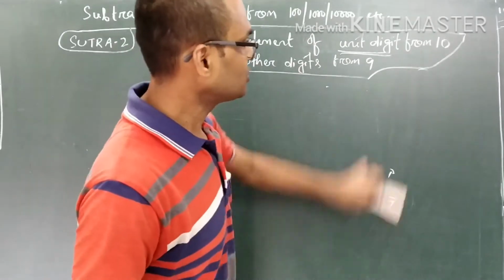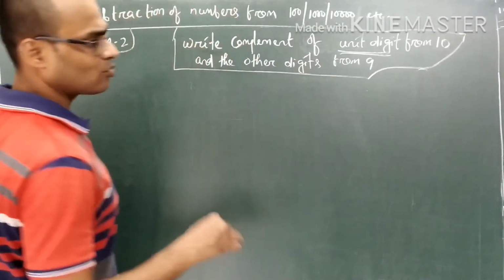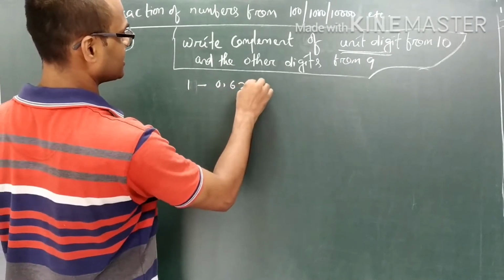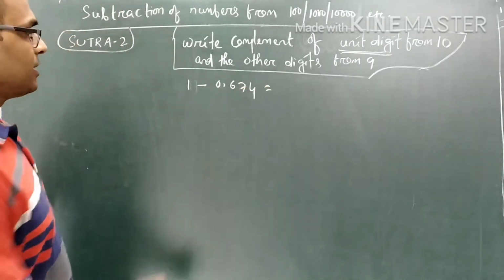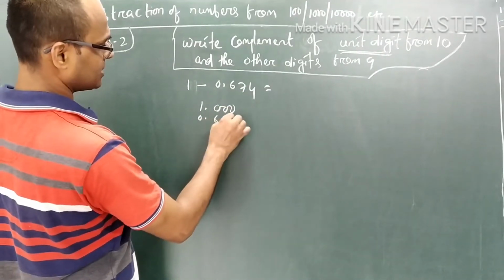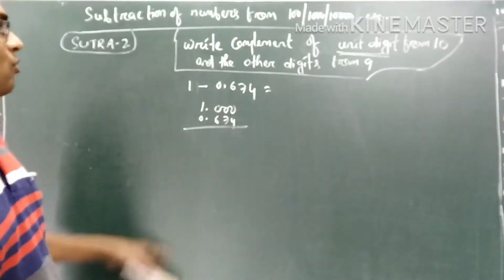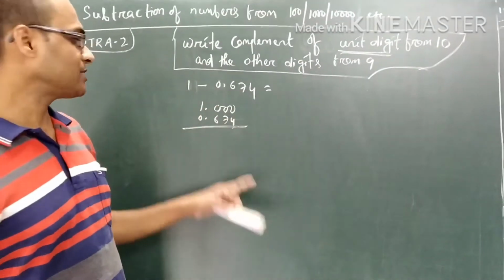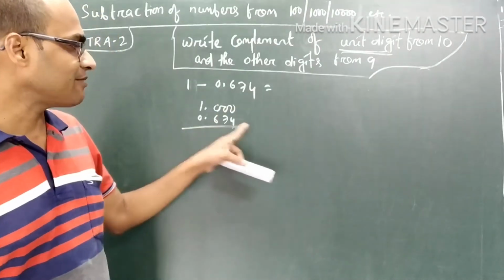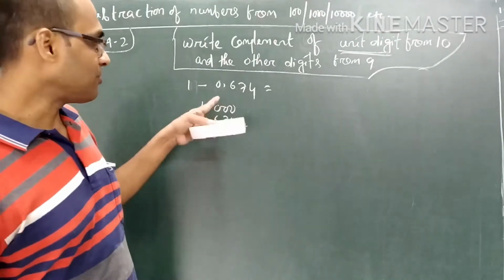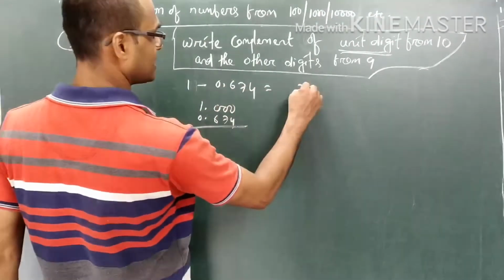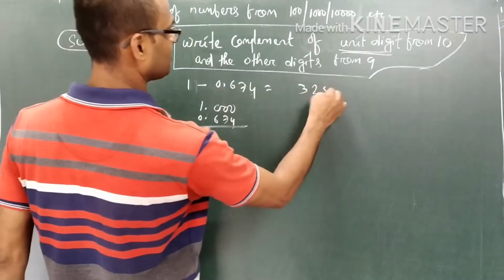Now let us see how to apply this in some other questions. Suppose you want to find 1 minus 0.674. Actually, friends, 1 means 1.000, and we have to subtract 0.674 from it, or I can say from 1000 we have to subtract 674. 9 minus 6 is 3, 9 minus 7 is 2, 9 minus 4 is 5.